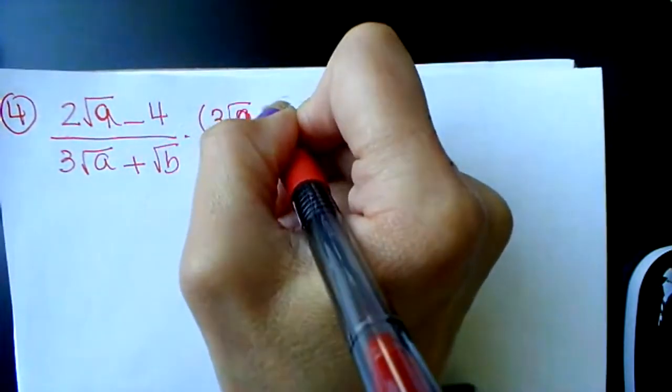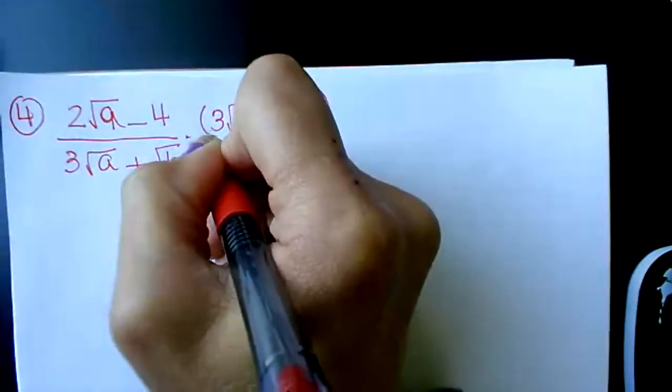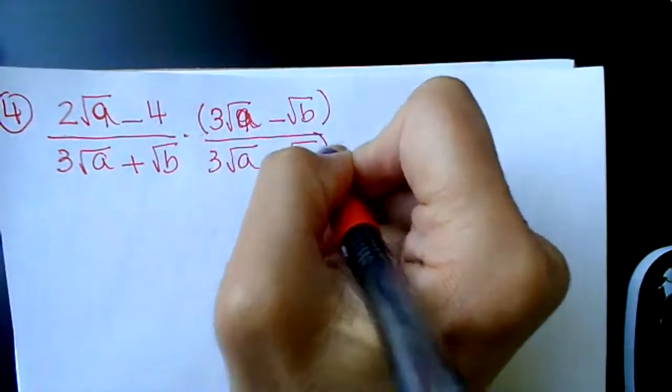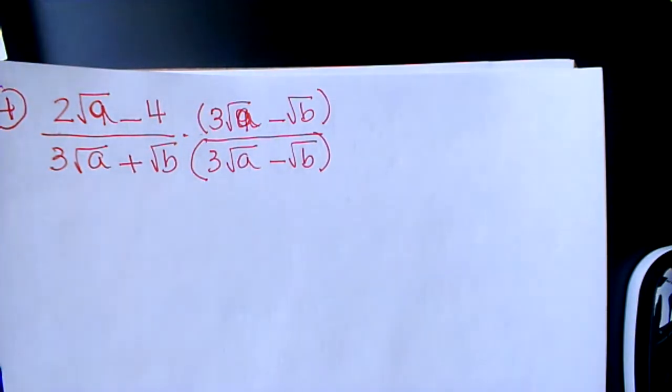This is an A. So remember, what we are doing is we're rationalizing the denominators. That's what we're doing. We're going to rationalize the denominators of our rational expressions. That's what we're doing.